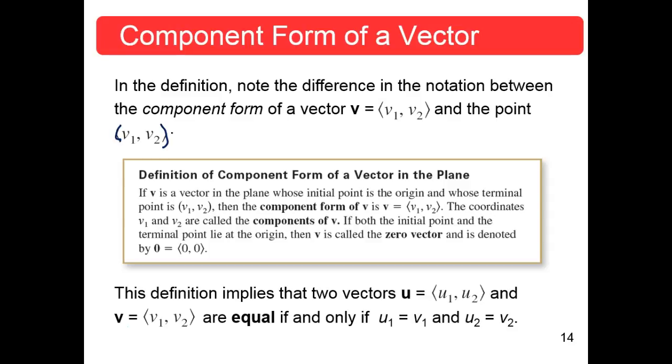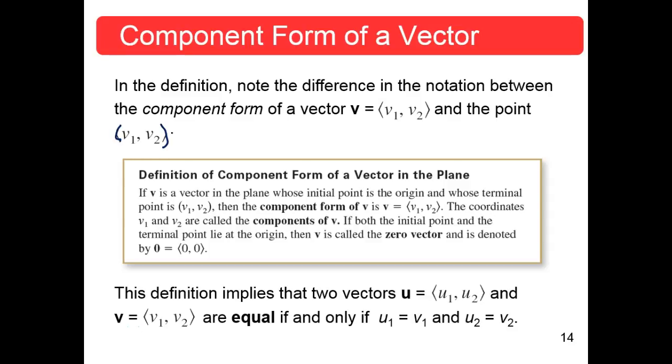This definition up here implies that any 2 vectors, U, which is U1, U2, and V, which is V1, V2, are equal. Now we're not saying equivalent, are equal if and only if U1 is identically equal to V1 and U2 is identically equal to V2. Now, when I say identically equal, does that mean they have to look just alike?